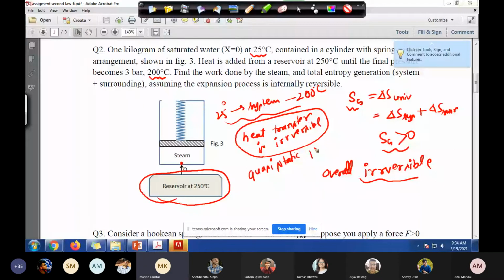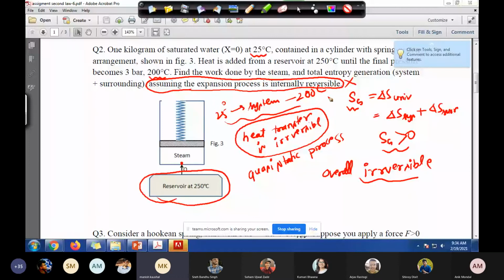And hence this statement is not correct. So yes, there was a mistake in this problem.